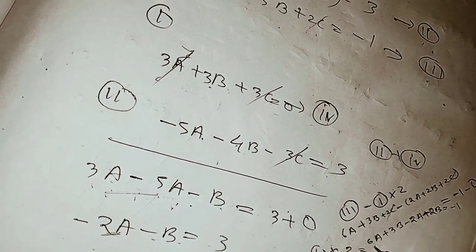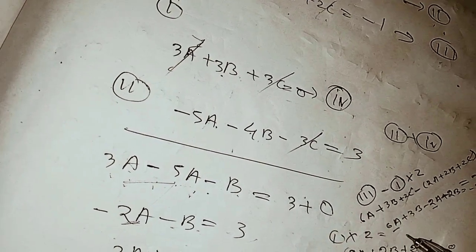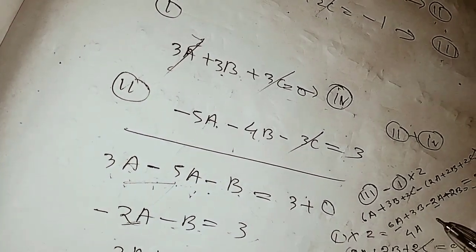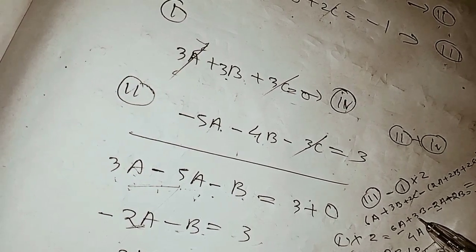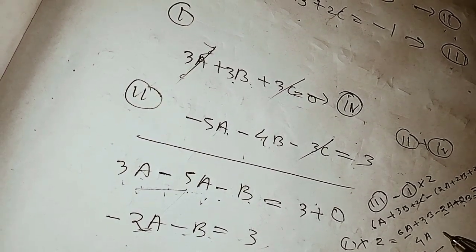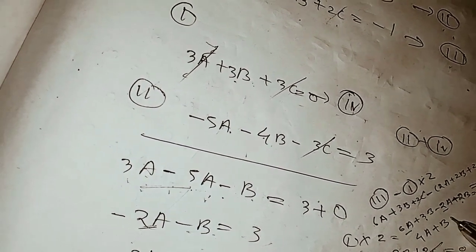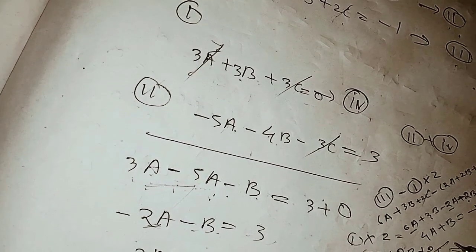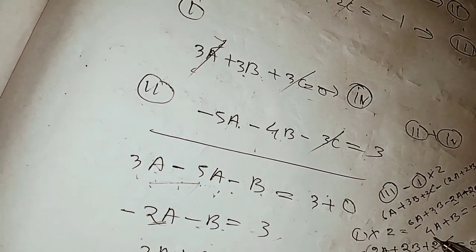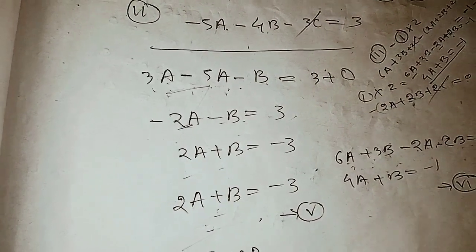Then 6a minus 2a, subtract, then you get 4a, and 3b minus 2b, subtract, then you get simply plus b, is equal to -1. Okay, so this is another new equation. You can see we already get this formula.